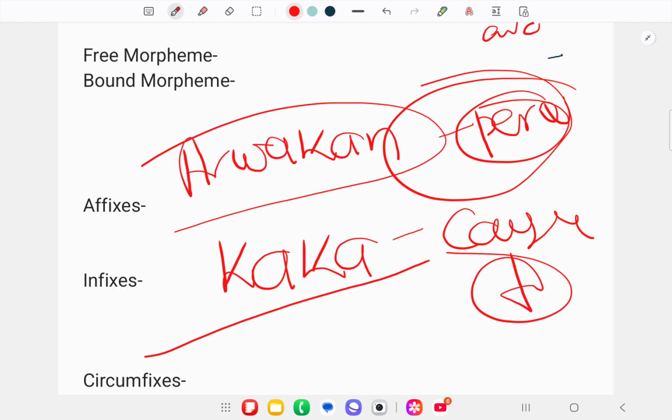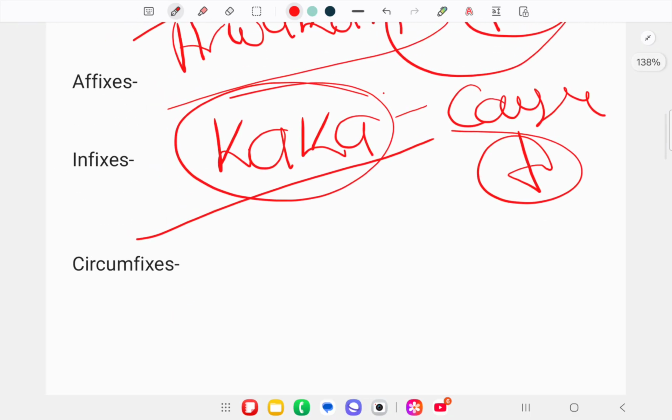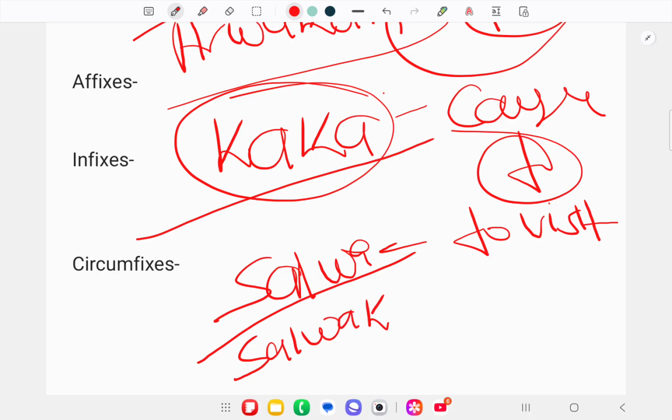If we have to take any of the examples, salwa means to visit, but if we say salwa kaka, then this means cause to visit.